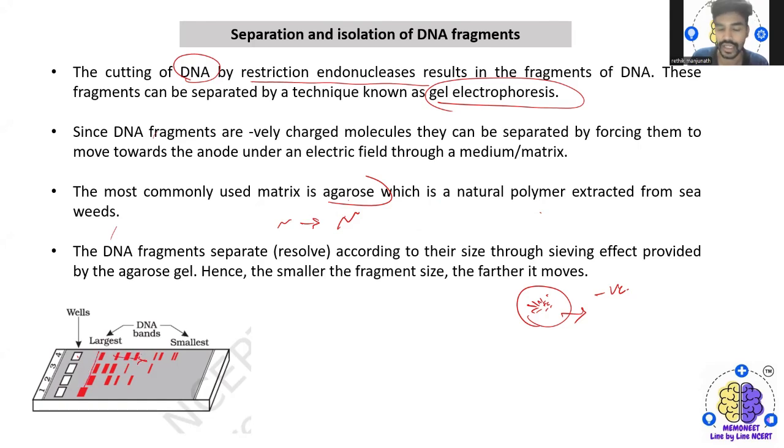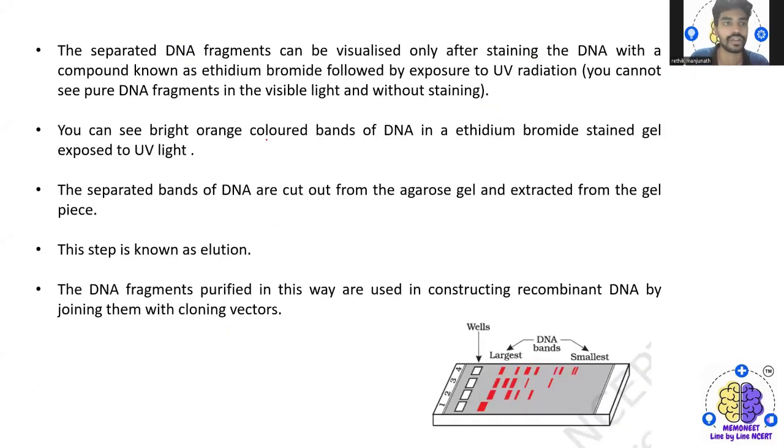They are all negatively charged, so they move towards the electric field, which is the anode. The smaller fragments move forward when compared to the larger fragments, so that's what you are observing. Coming to the next slide.